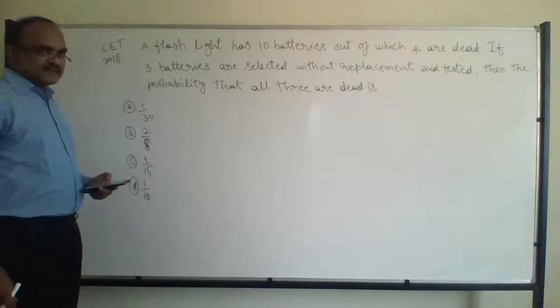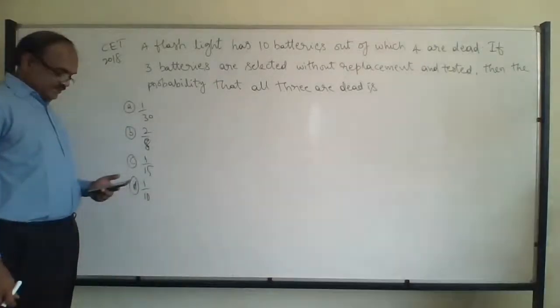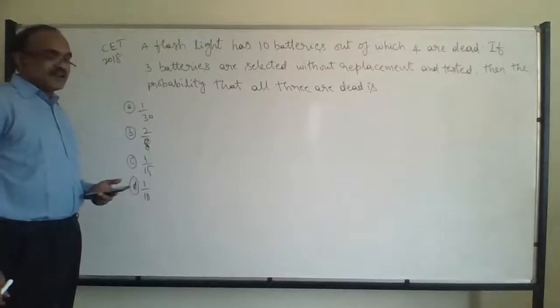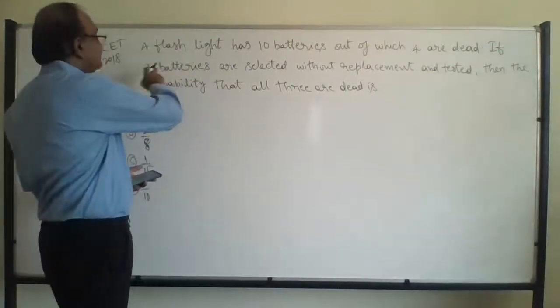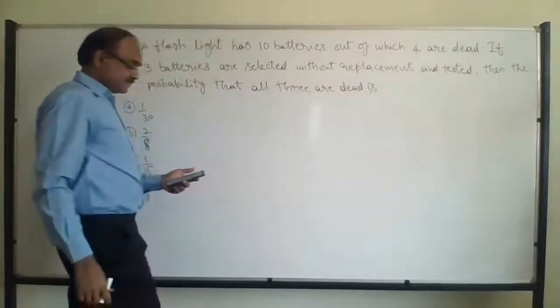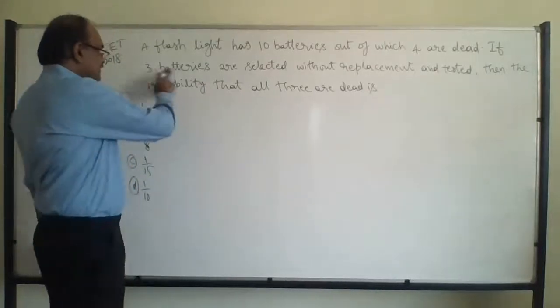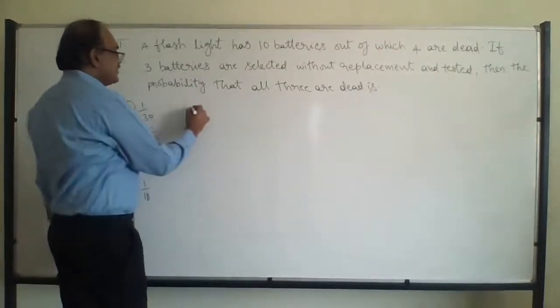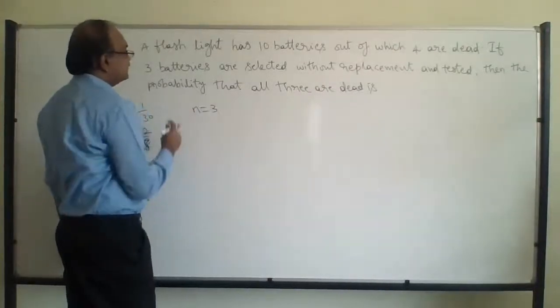Many people are telling 10. No. N here is the number of trials. Three batteries are selected without replacement, so these are your tries. N is 3 here, not 10. This is the trial that you are doing.